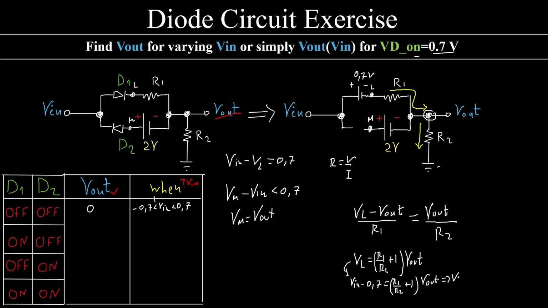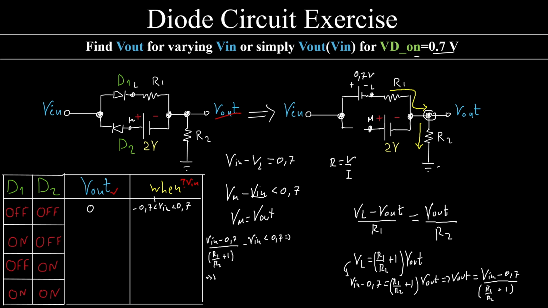So Vout is going to basically be when this condition holds true. So Vm is Vout. How much is Vout? It's this. So I go ahead and replace this inside here in my conditions.